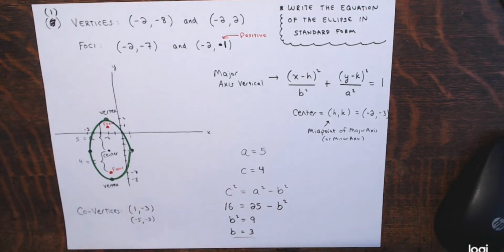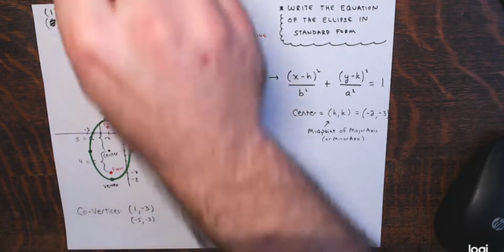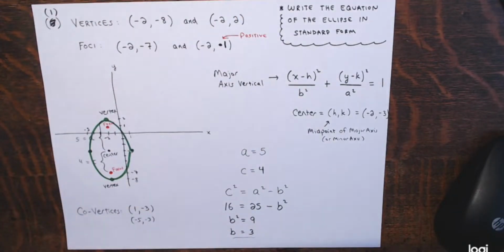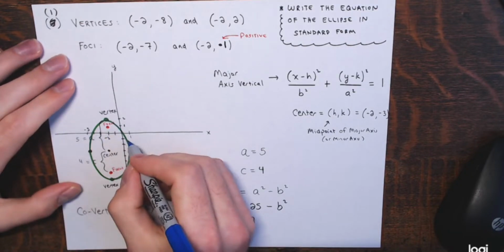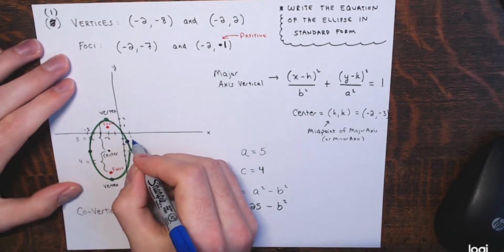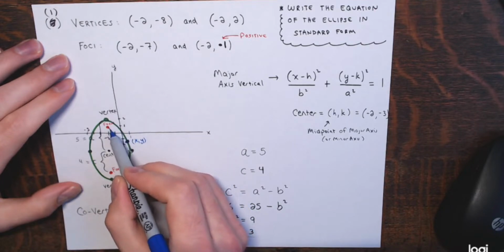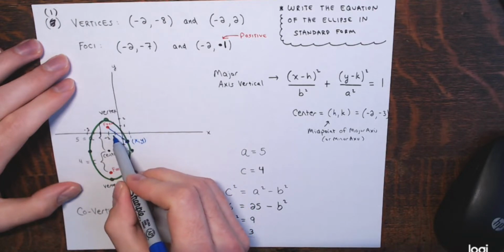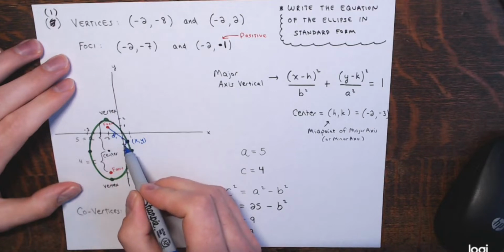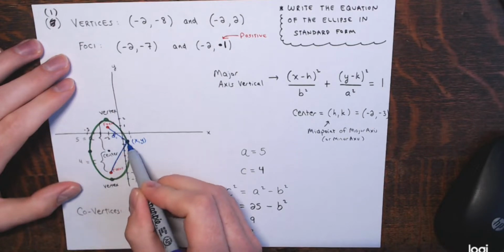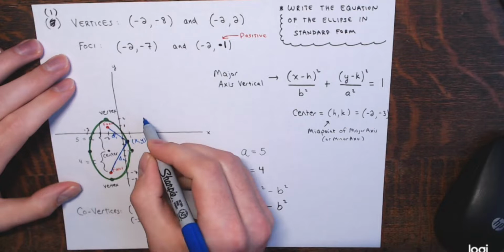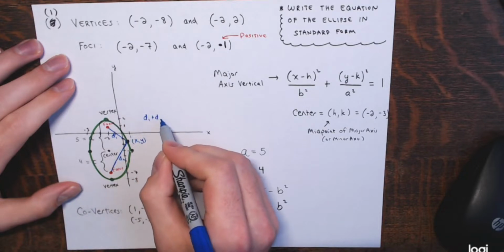Another thing too is, if you remember from last video, what's so special about the foci is that if you were to take any point on the ellipse, any point at all, take the distance to one focus, call that D1, and then take the distance to the other focus, say I call that D2, and add them up, it's always going to be the same number.